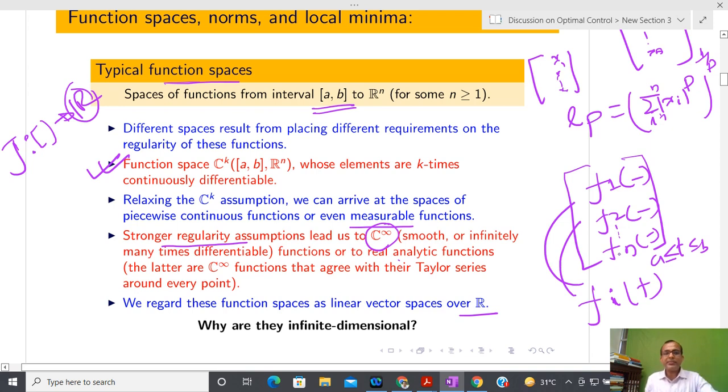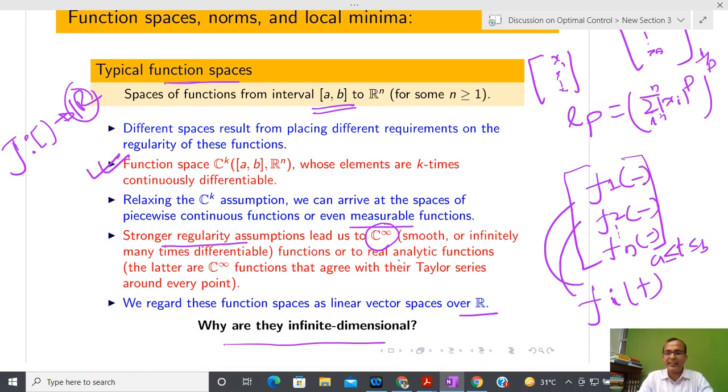In this way we are able to select different spaces, and I have already told you why this is infinite dimensional. If I have a continuously differentiable function that is analytic, then at any point you are able to write it in the form of a Taylor series expansion.